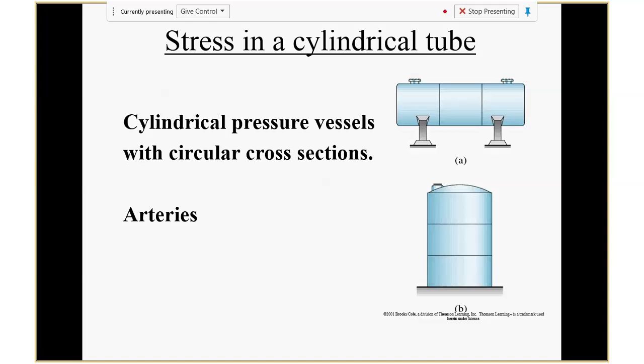In the body, a very typical example is arteries and veins. You want to quickly estimate what kind of stress is in arteries and veins. Of course, even without the estimate, we know that in the human body everything is pretty safe, with a very high safety factor. The arteries and veins can carry a much higher pressure than what we have in the body.